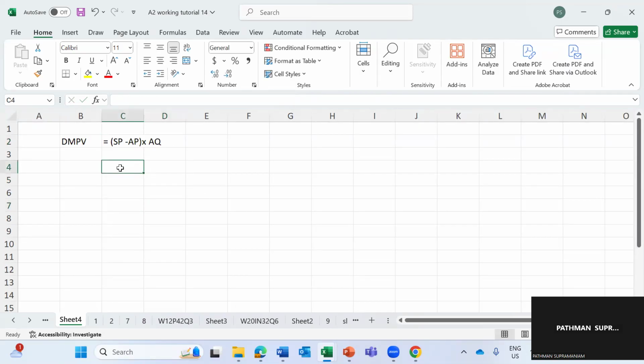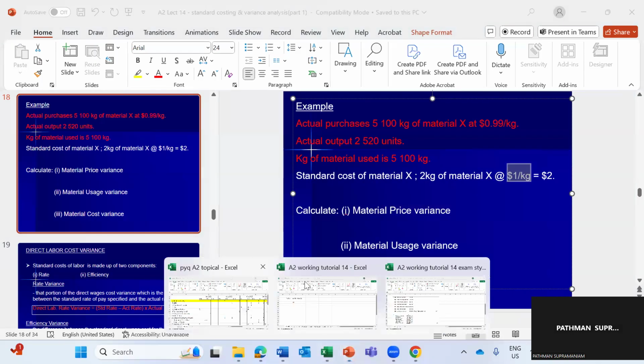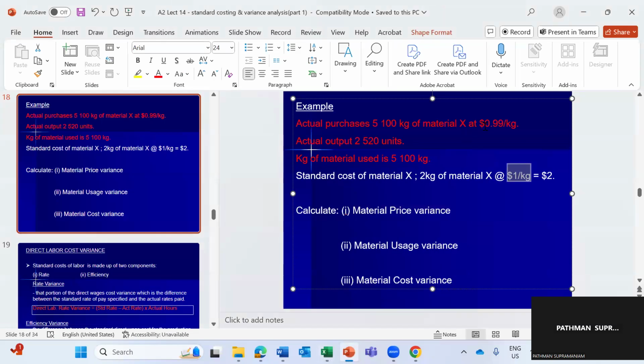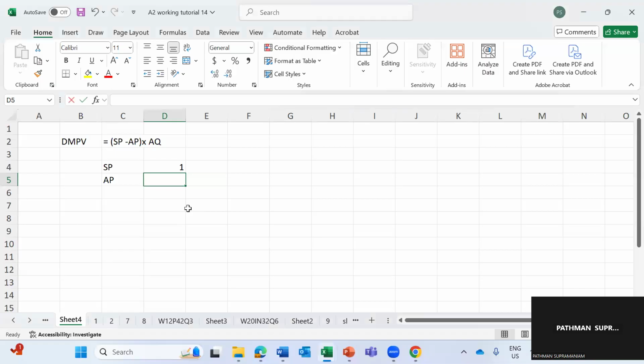Okay, so the standard price is $1. When you say standard price, it means price per kg. Okay, $1. The actual price is 99 cents per kg. Can you see the actual price is lower than the standard price? That means we expected to pay $1 per kg, but we ended up getting at a cheaper price.